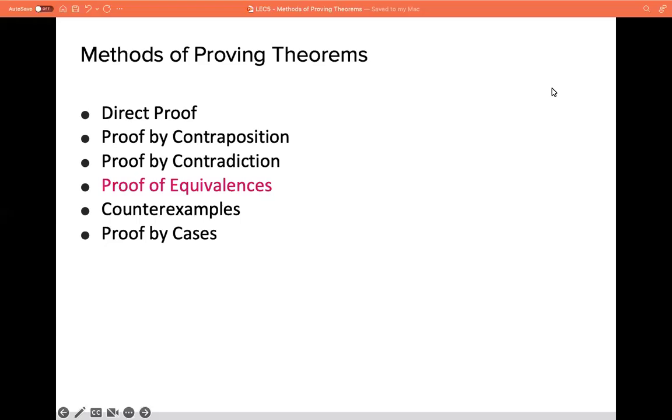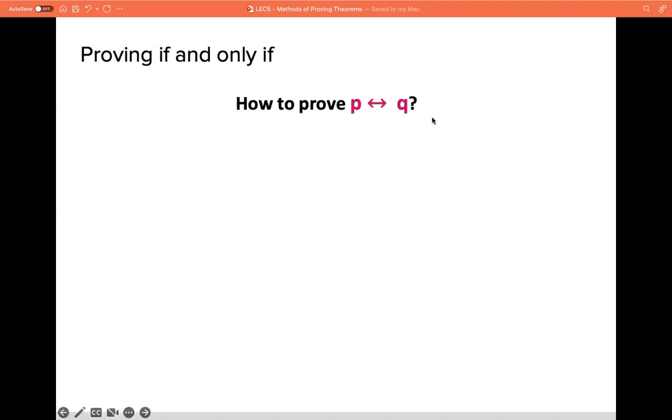Good day, everyone. In this video, we are going to discuss the proof of equivalences. If we have this statement P if and only if Q, how can we prove the validity of this statement? We already established that P if and only if Q is equivalent to P implies Q and Q implies P, right?